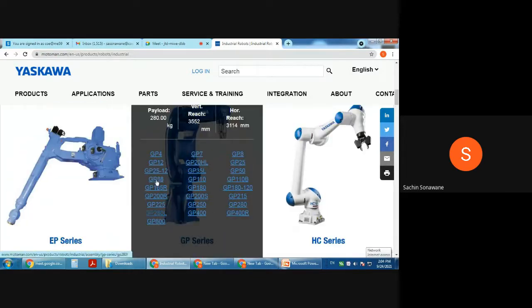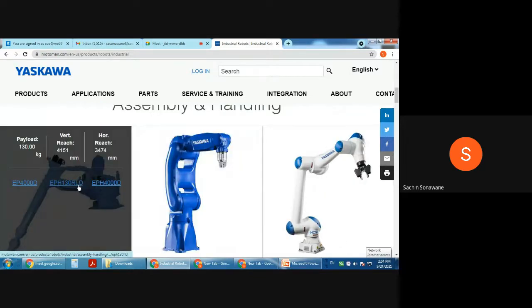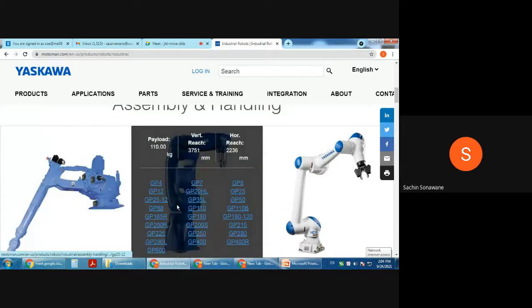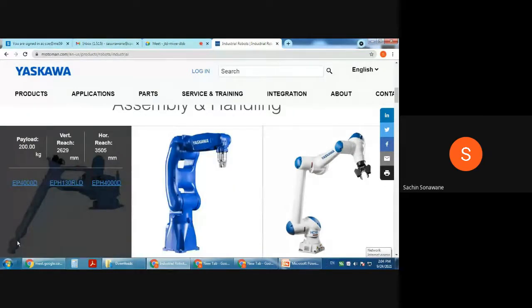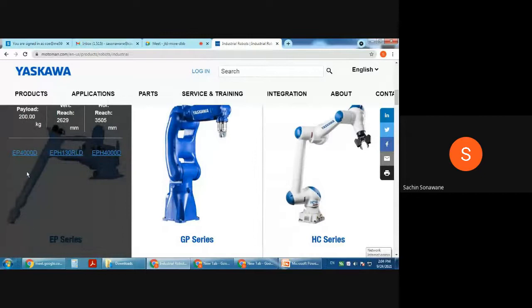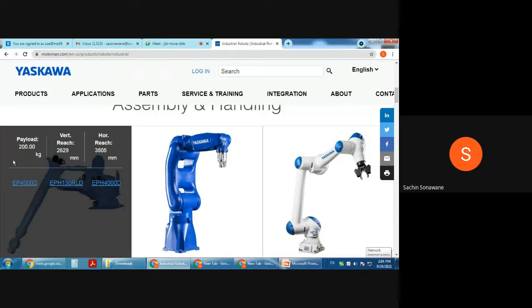EP series is there. Now, you see the specifications of this robot, EP series: EP4000D, EPH130RLD, EPH4000D. In the specifications, it is written payload 200 kg, which means this robot can carry a maximum load of 200 kg.